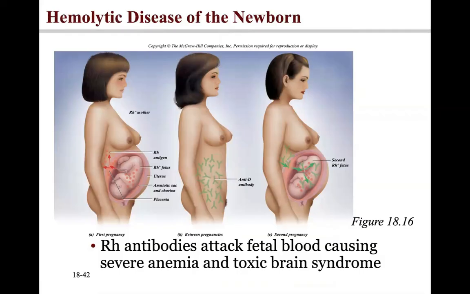So this is the next phase, the one that I was talking about, that during pregnancy there is a disease known as hemolytic disease of the newborn, HDN, or erythroblastosis fetalis, which happens during fetal development.